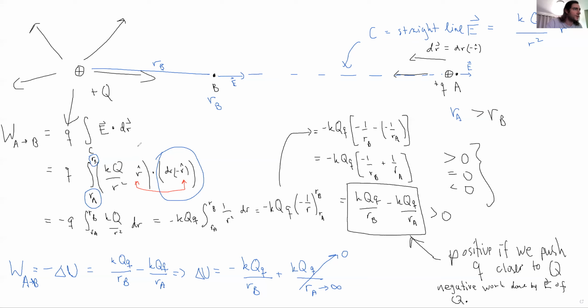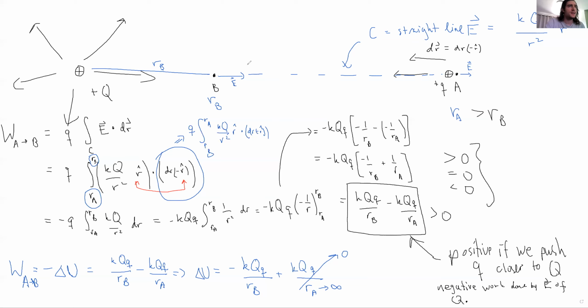So in principle, this step should have looked something like this: q integral from r_b to r_a of kq over r squared r hat dot product dr, minus r hat, like this.